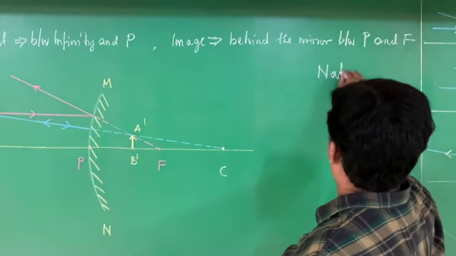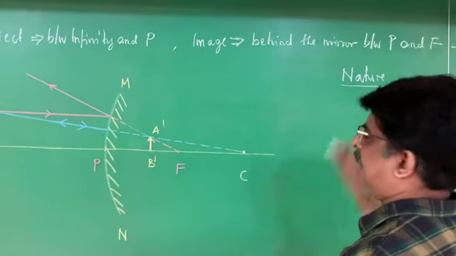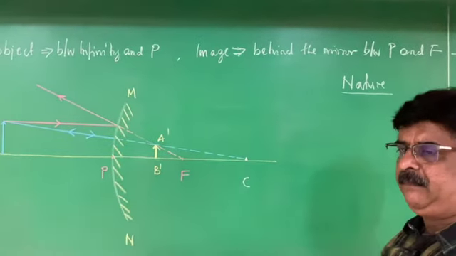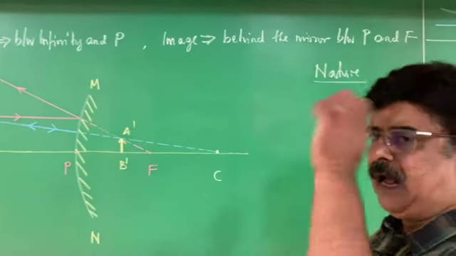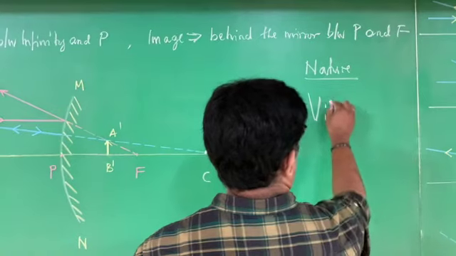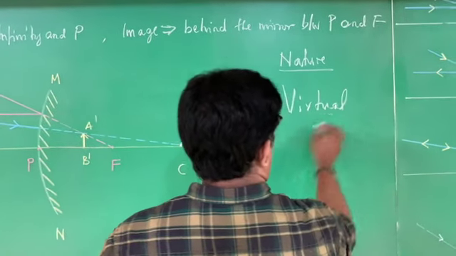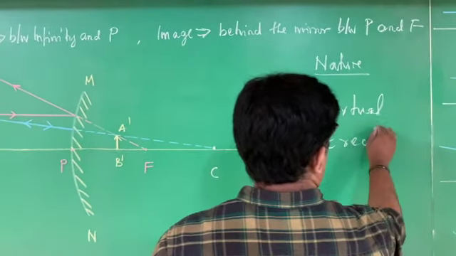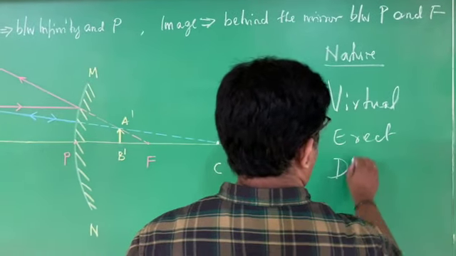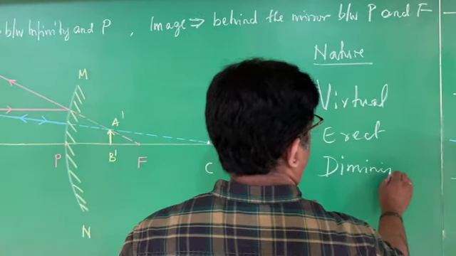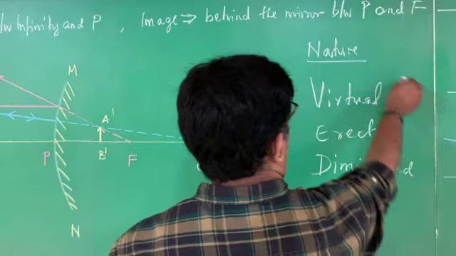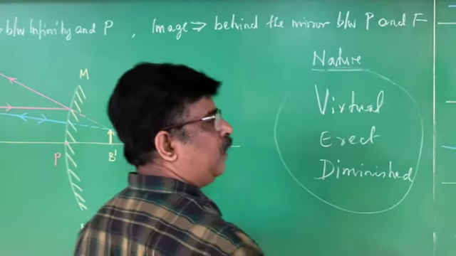We don't get confusion in the case of a convex mirror. Write the nature of the image formed by a convex mirror. Always you can write virtual, always erect, always diminished. This nature is common for the convex mirror.